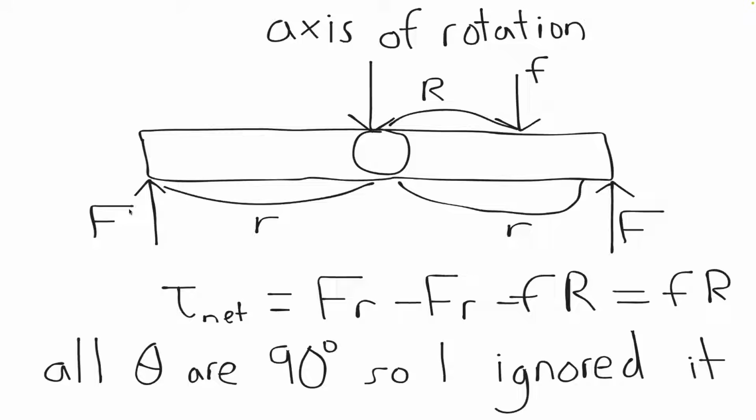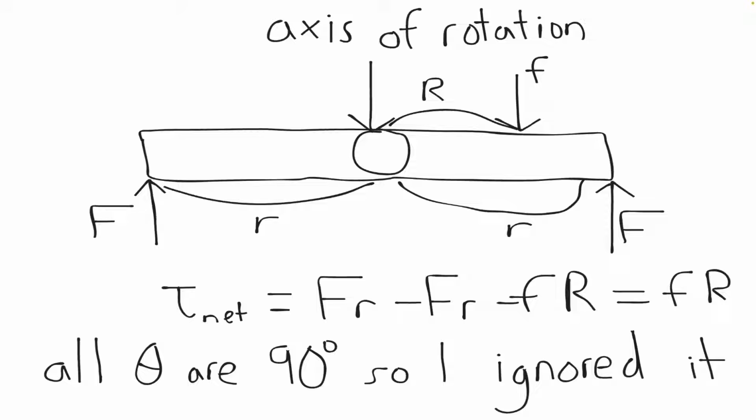This is a force F pushing upward at a distance r, a force F pushing upward, and a force F pushing downward at a distance of big R. This is the axis of rotation, and it's also the center of mass, assuming that all the mass is uniformly distributed.